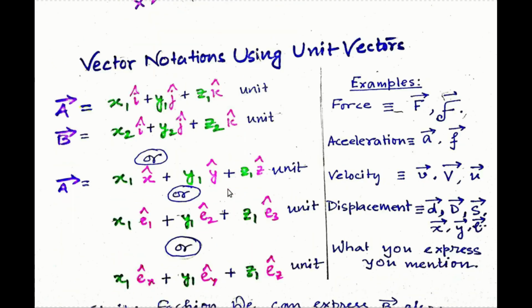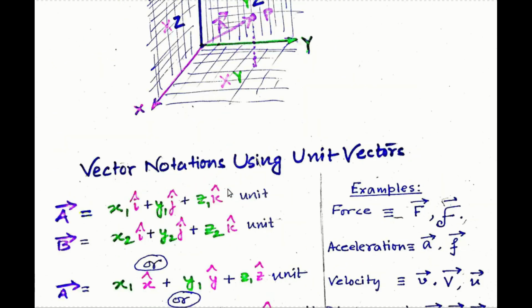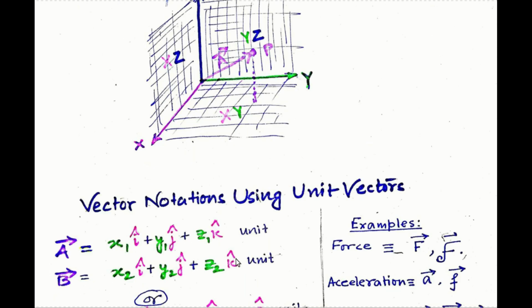Here we have to keep in mind that we have three things. One is the magnitude part, written in green ink. Another is the unit vector part. Each and every unit vector is written in pink color, and there is another thing, that is the unit.